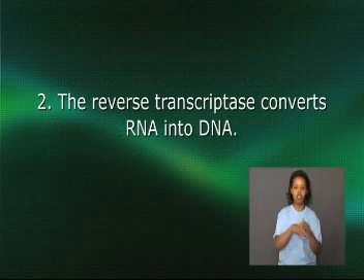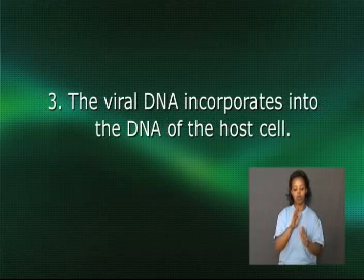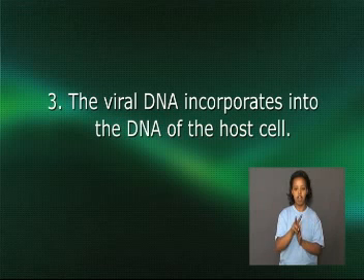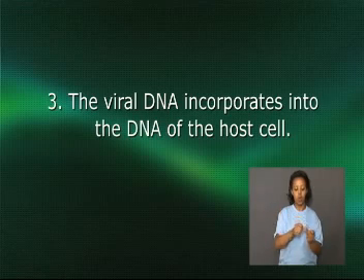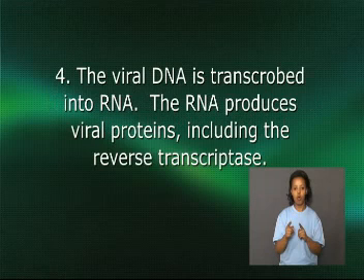In the second step, the reverse transcriptase converts RNA into DNA. In the third step, the viral DNA incorporates into the DNA of the host cell. Now, the HIV is said to enter a period of latency. In the fourth step, the viral DNA is transcribed into RNA.